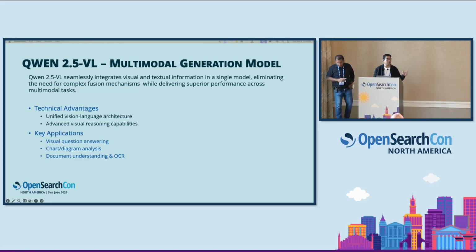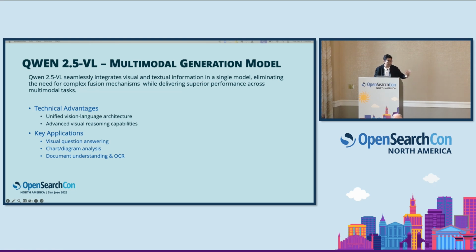For the multimodal model, we actually used Qwen 2.5 VL that we hosted on SageMaker AI. It's a really good model for visual and textual information. You're able to use that as a great generation model.